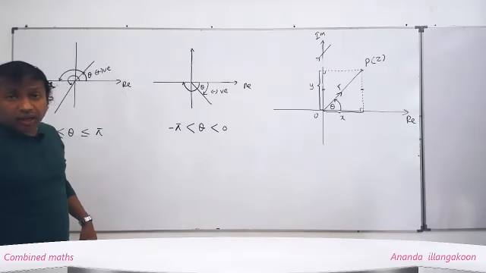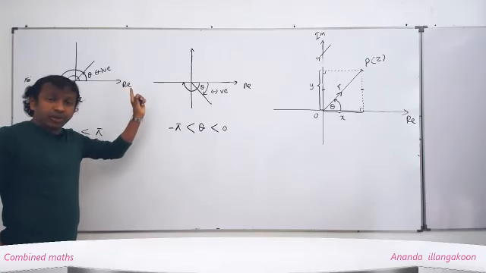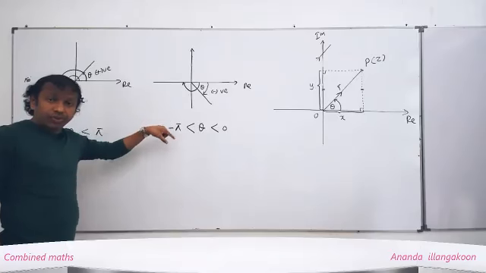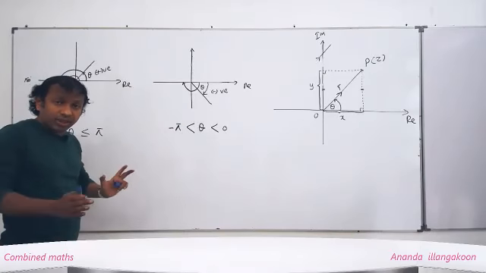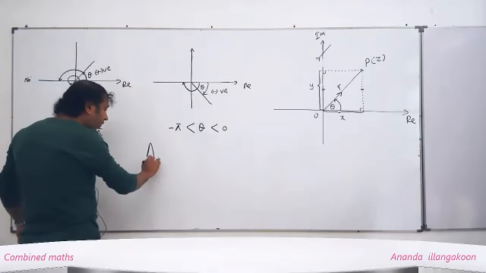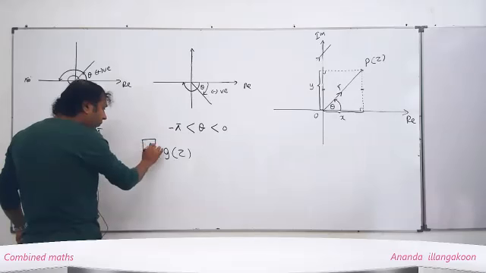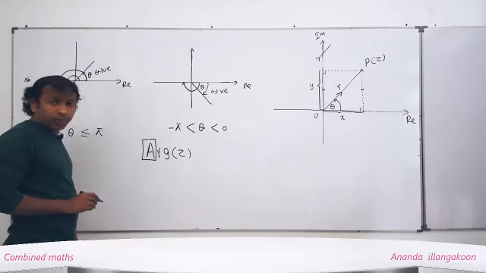If the argument of a complex number is in the principal range, in the positive sense 0 to 180, negative sense 0 to minus 180, then to write such an argument, people, we use the capital A, R, G, Z. Usually this capital A we use to denote the principal argument.